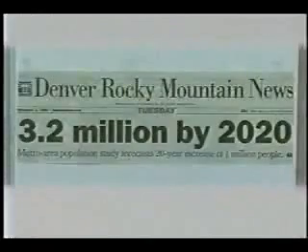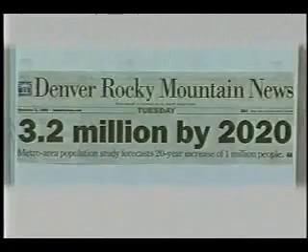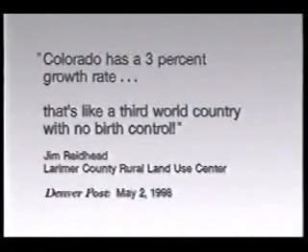The Rocky Mountain News tells us to expect another 1 million people in the Front Range in the next 20 years. But in the Post there was an interesting story. Someone was quoted as saying Colorado has a 3% growth rate. That's like a third world country with no birth control. We send foreign aid, family planning assistance to countries that have smaller population growth rates than Colorado has.